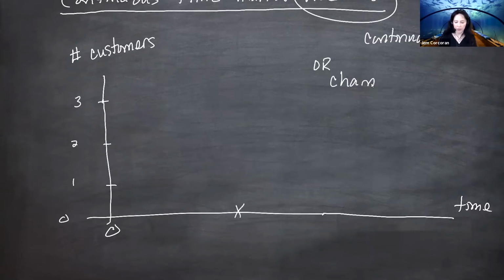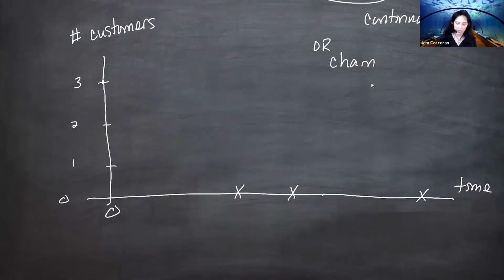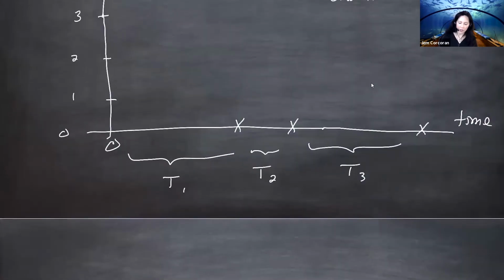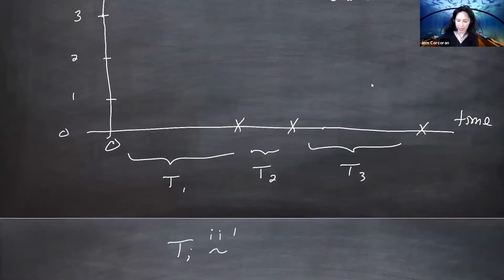The arrival times I'm showing you are not equally spaced. These are continuous random variables, like a T1 and a T2 and a T3. These are actually going to come from the exponential distribution, which I'm going to review today. So the T_i are going to be independent and identically distributed from the exponential distribution with rate lambda.